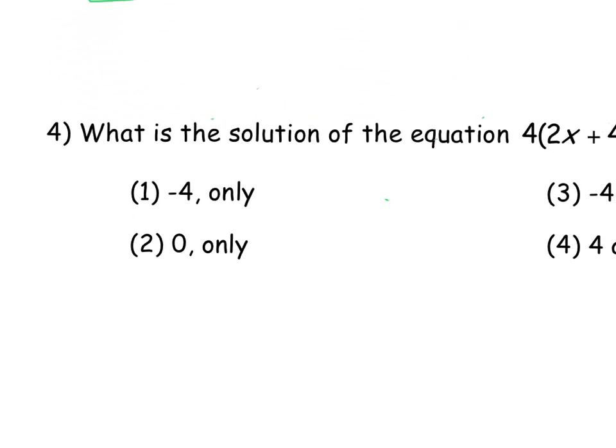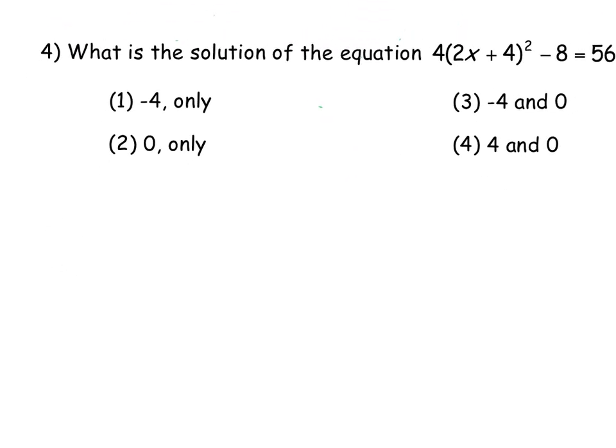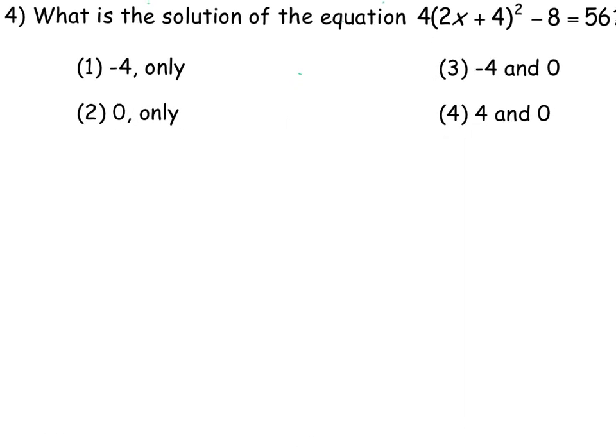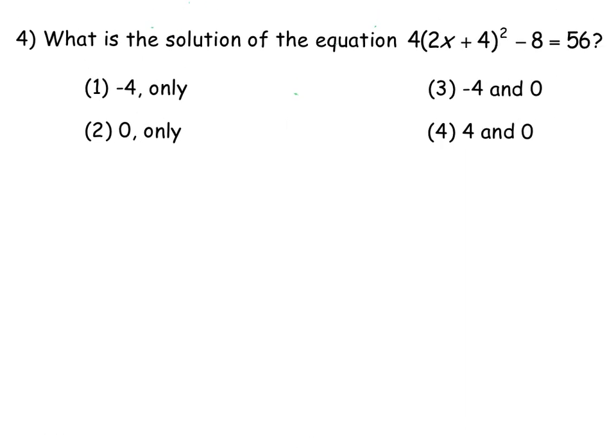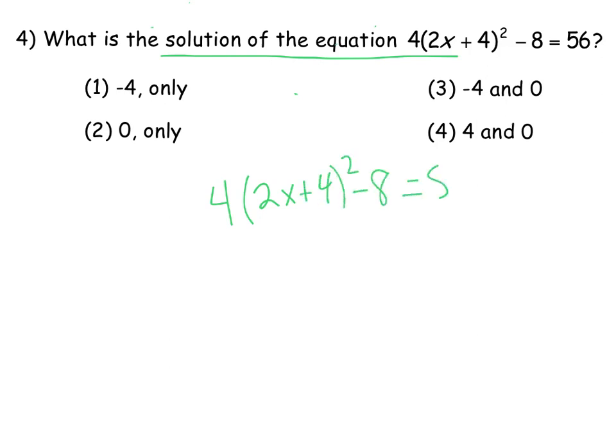All right, so number 4 says, what is the solution to the following equation? Well, guess what? We did a question like this in class already. Okay, so first things first, it says, what is the solution to this equation? Now, if we're going to do this by hand, okay, we have 4 times (2x plus 4) squared minus 8 equals 56.